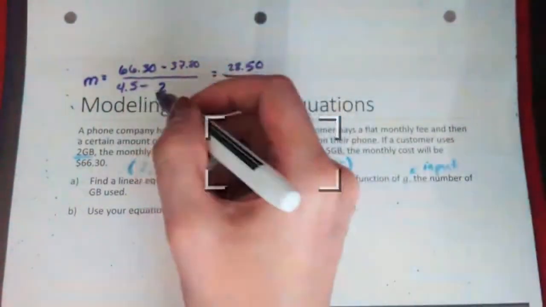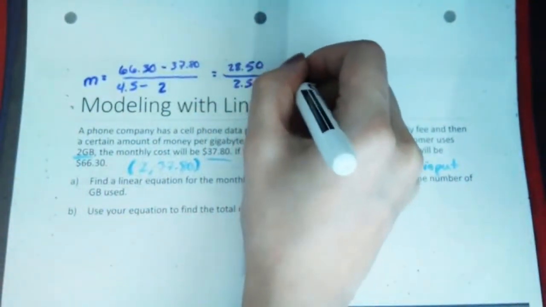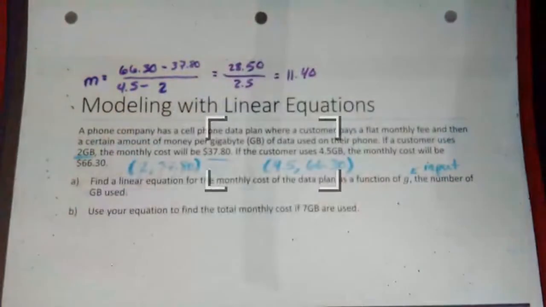And that's divided by 4.5 minus 2, which is 2.5. And that is equal to 11.40.